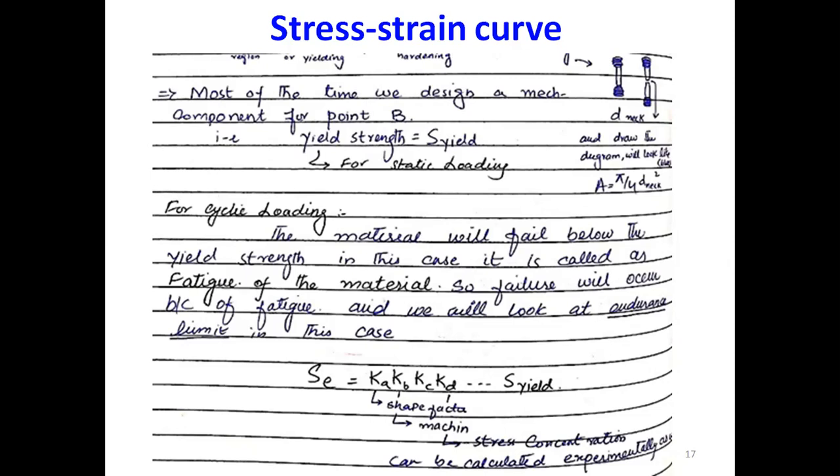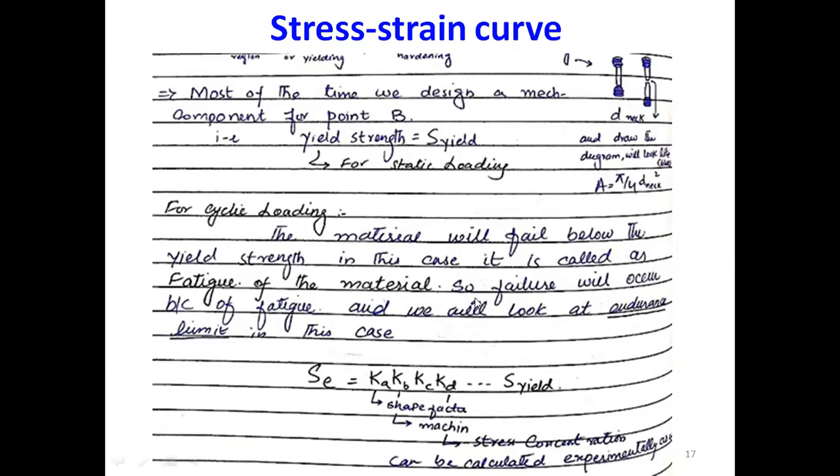When scientists and engineers worked on that, they came up with another strength value, which is known as the endurance limit. The phenomenon of failure of a material because of repeating, cyclic or alternating loading is known as fatigue.